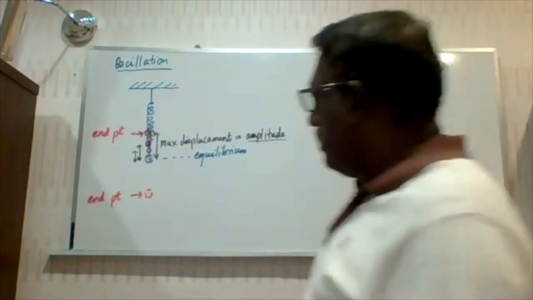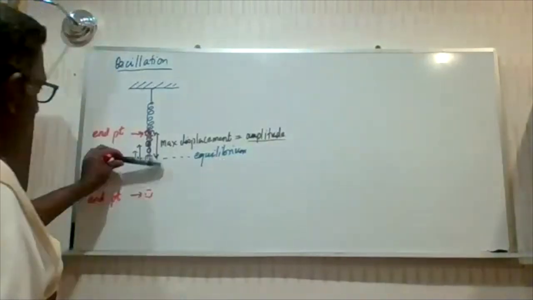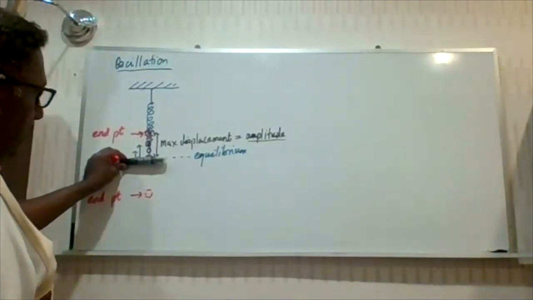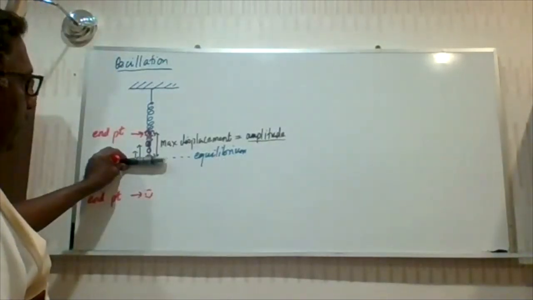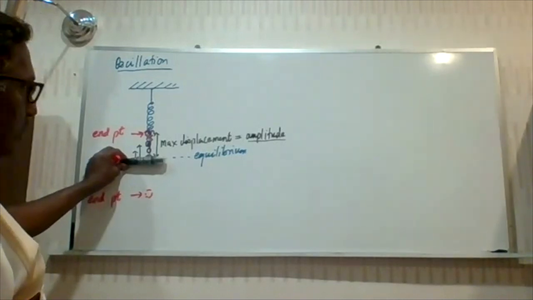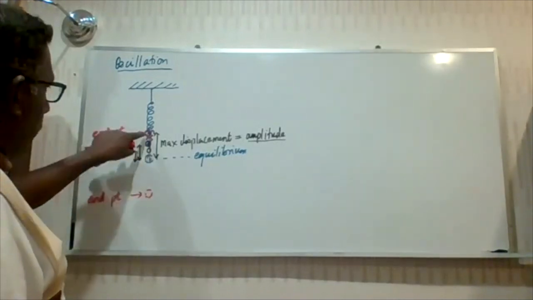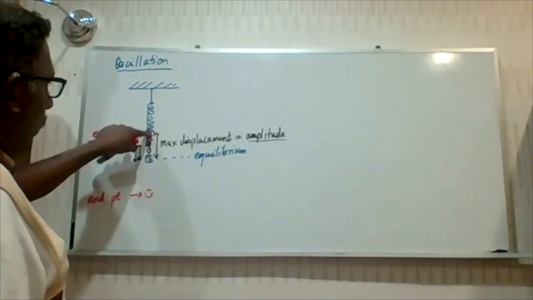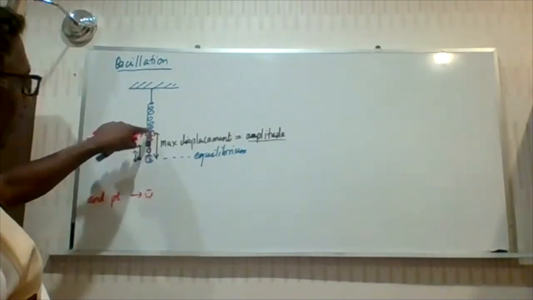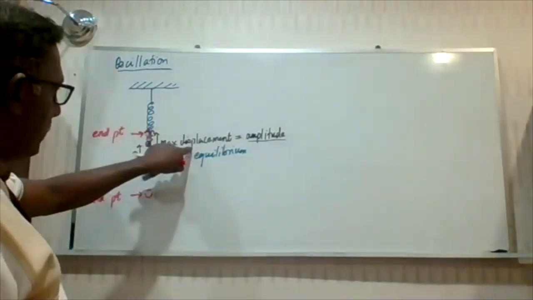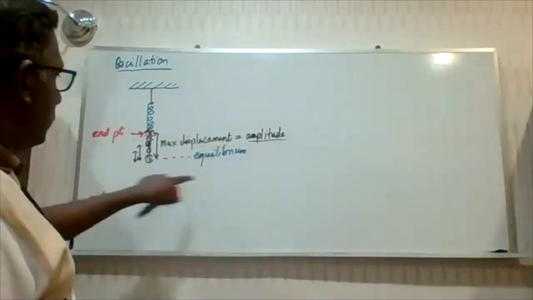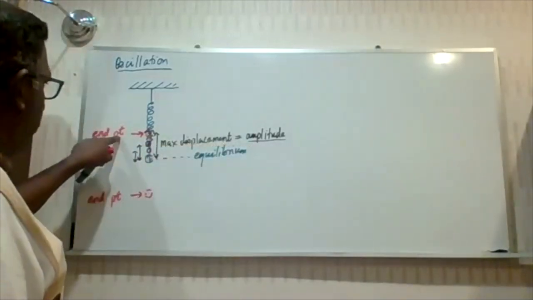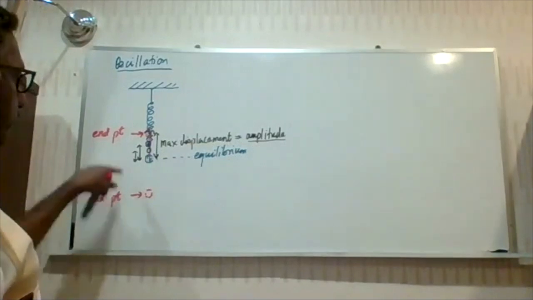Everything is measured from the equilibrium point as far as displacement is concerned, but the endpoint is a very unique point. What's so unique about the endpoint? That is where you achieve this. And therefore, amplitude is the displacement between the endpoint and the equilibrium point.